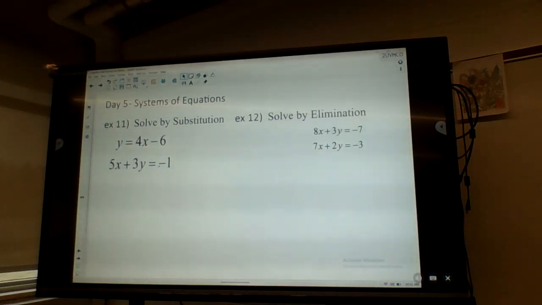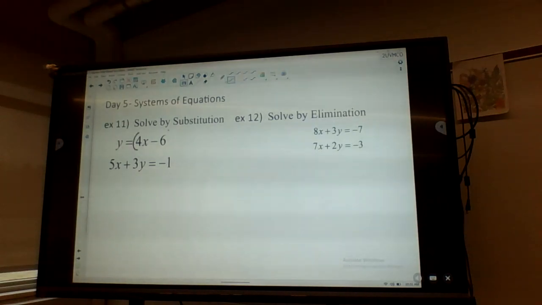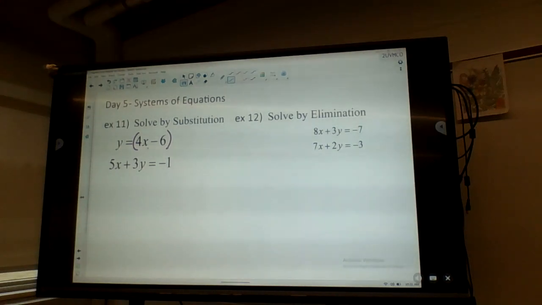Okay. So our first one, they want us to solve by substitution. So this is like what we just did for our homework quiz question here today. We're taking this and substituting it in place of y.